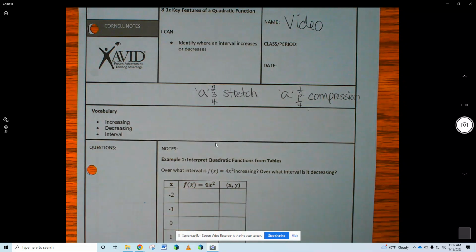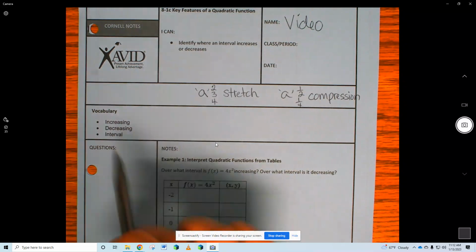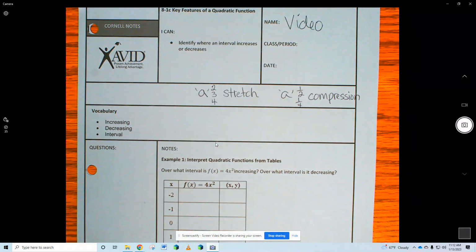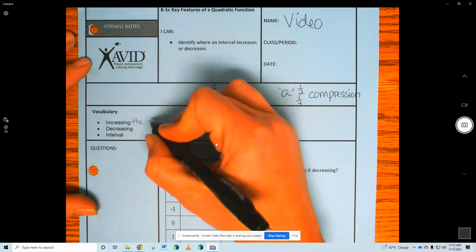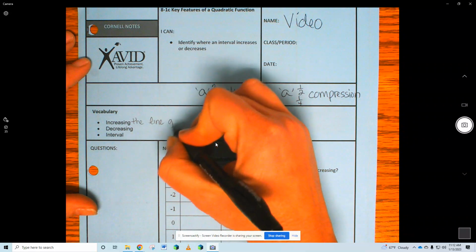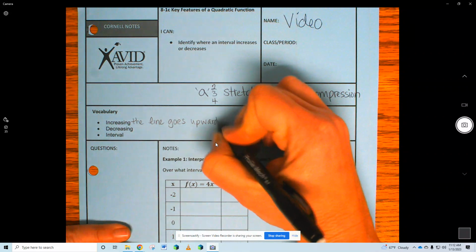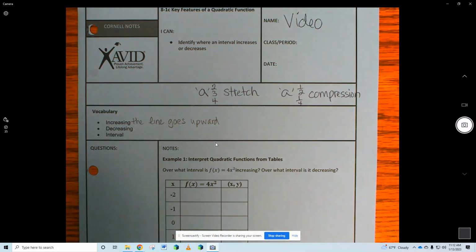So, the first thing I want to do is talk about these vocab words. I'll write the definitions with you. All right, increasing. So increasing is going to be the line goes upward. And let me actually zoom in.